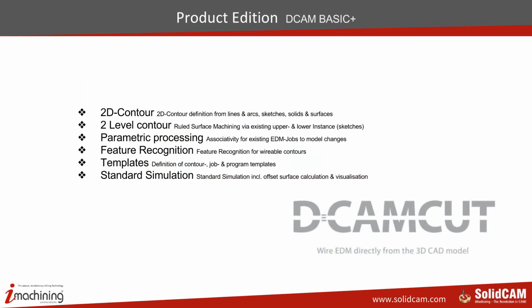Also, we have templates which we can predefine in some operation, and it can shorten our time in programming, and we can define our contours, jobs, and program templates. And also we have standard simulation, which includes offset surface calculation and visualization, which is a basic type of simulation.